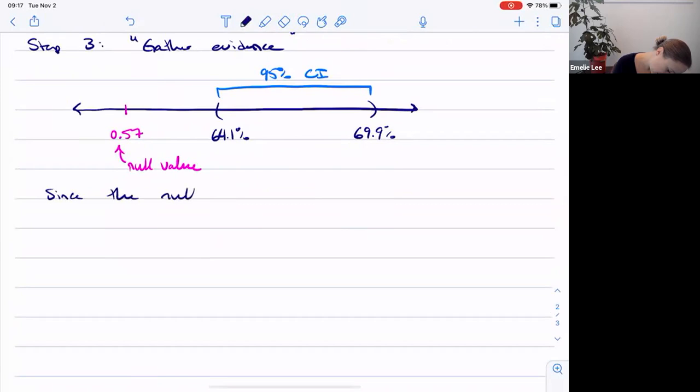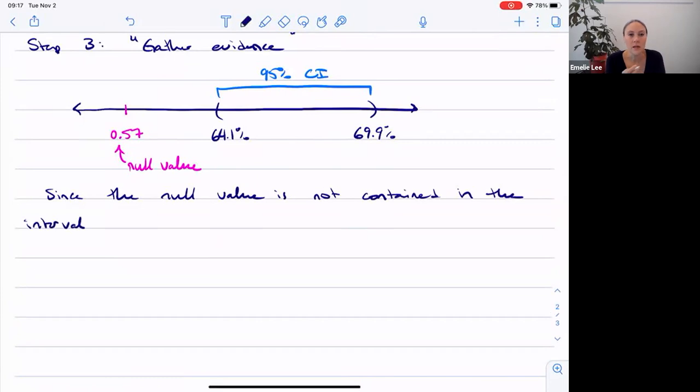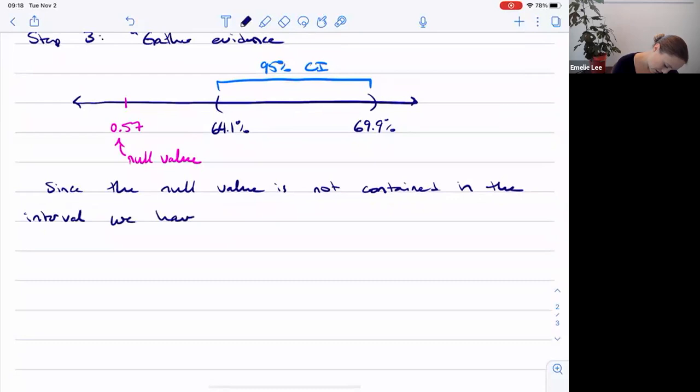Since the null value is not contained in the interval, we have enough evidence against H naught, right? We have enough evidence to reject H naught. That P is 0.57.